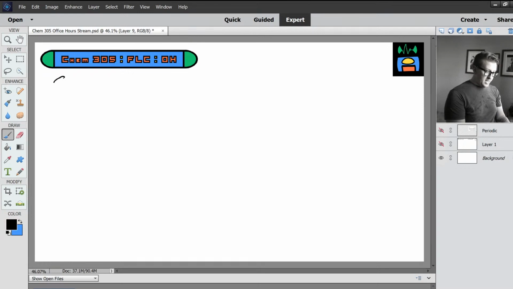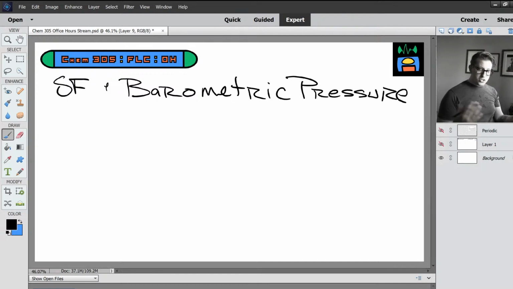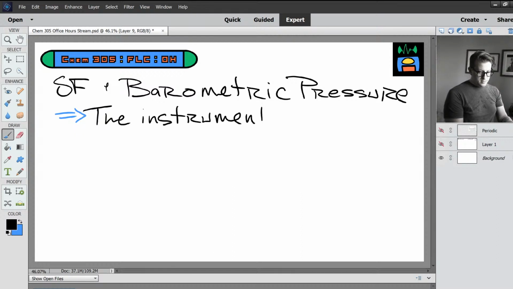So the first thing, with significant figures and barometric pressure, what determines your number of sig figs is the instrument used to measure. The instrument determines the sig figs as always.